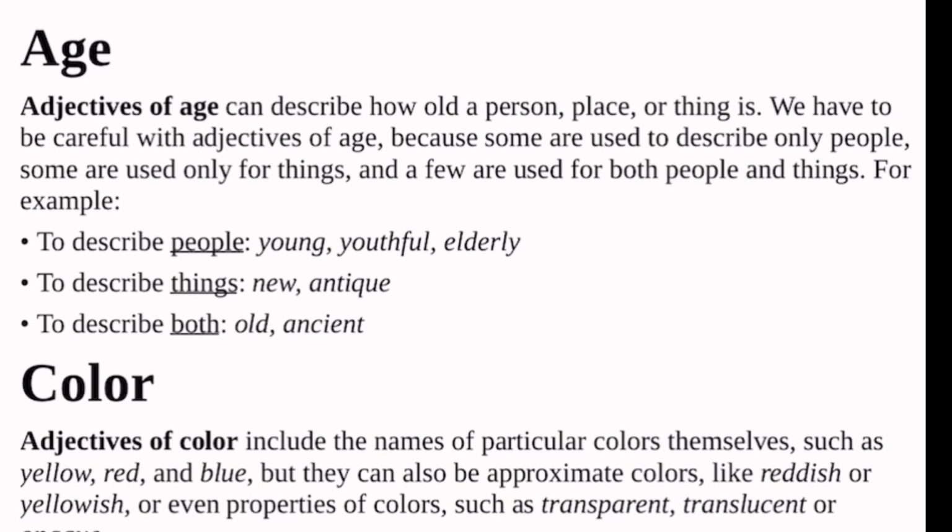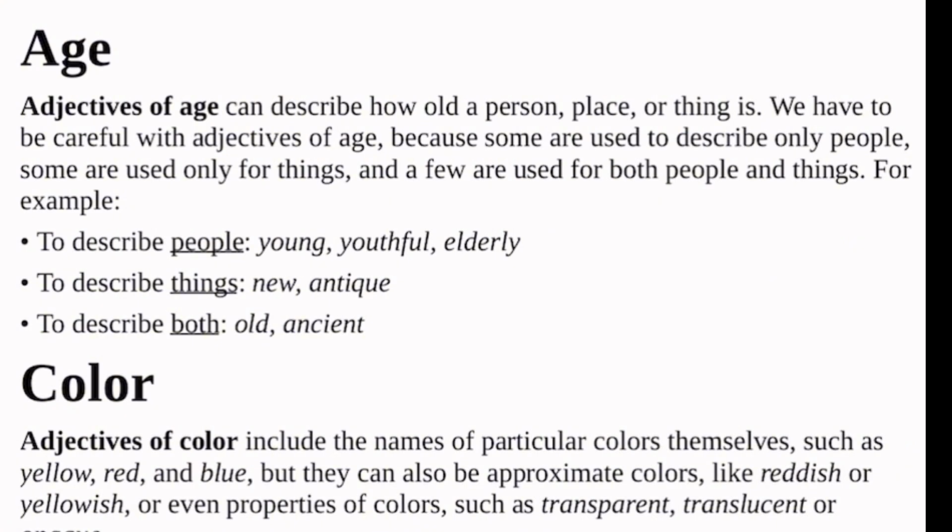For instance, for people, young. You cannot say a young cotton. No. Young, youthful, elderly. That's for human beings, people. To describe things: new, antique. To describe both: old, an old man, an old house, ancient. So please take note of that.